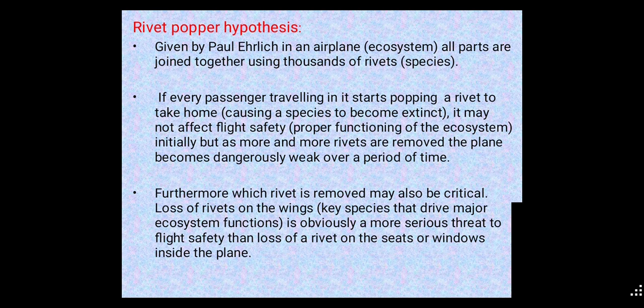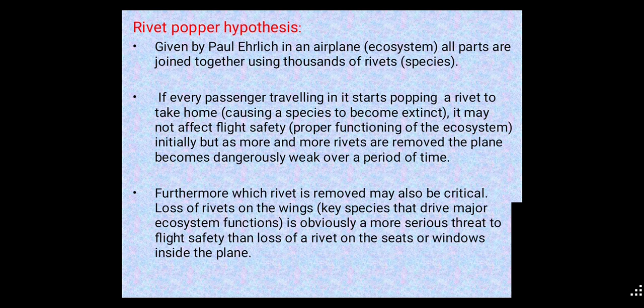See, in the ecosystem, all parts are joined together using thousands of rivets. That means so many species are joined together and make the airplane, or ecosystem. If every passenger traveling in it starts popping a rivet to take home, that means causing a species to become extinct.